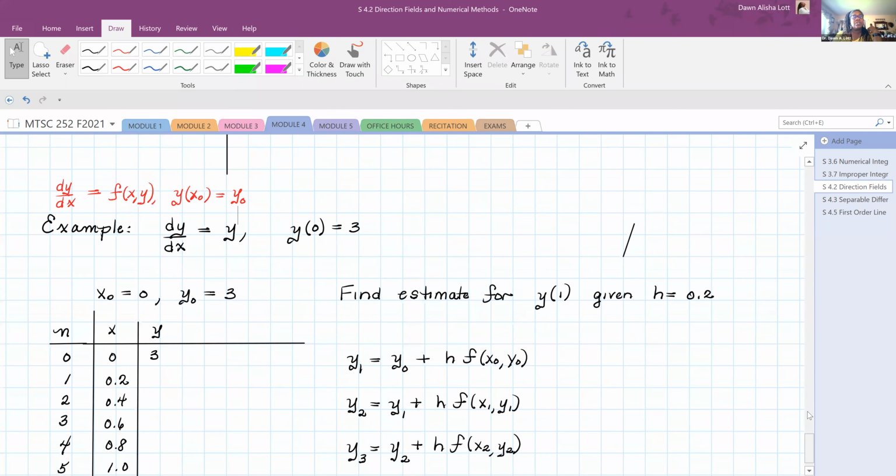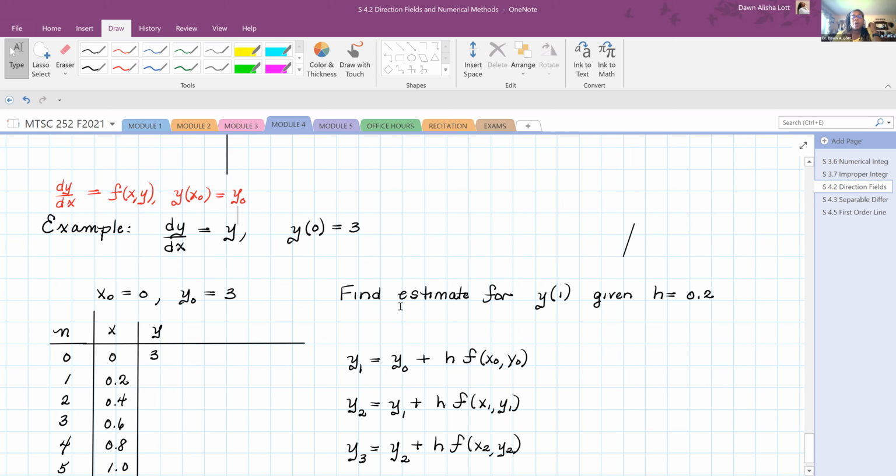So I've given to you that dy/dx is equal to f of x, y. So that says here, f of x, y is given by the equation y, just y. That's all it is. I gave you an initial value to start, y at 0 equals 3. So I know that at 0, y is 3.